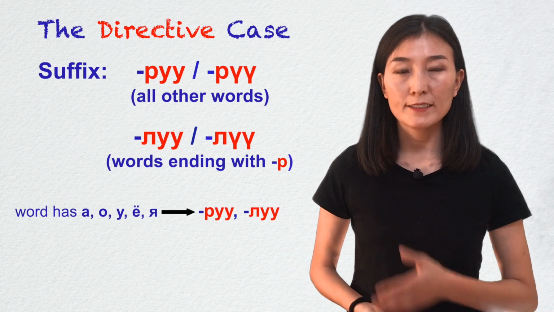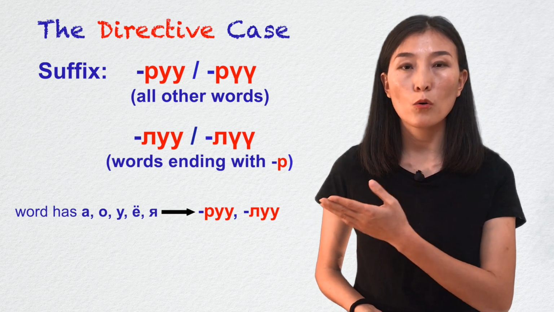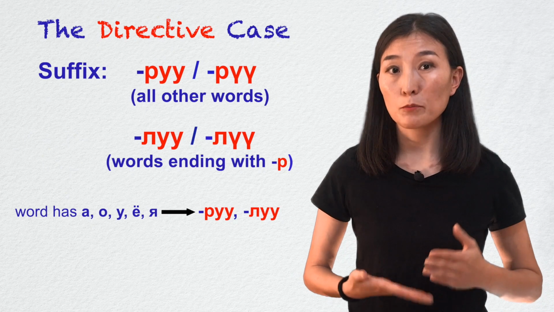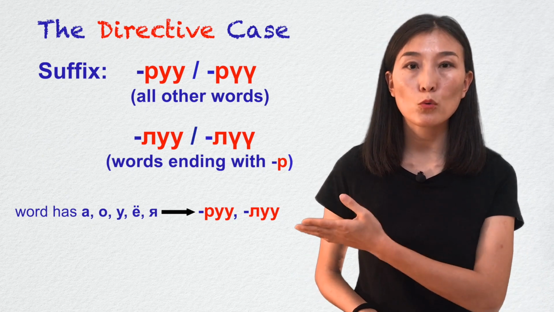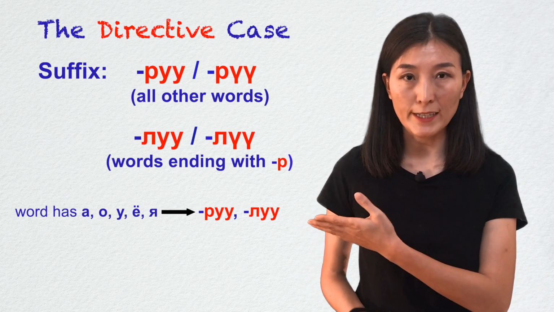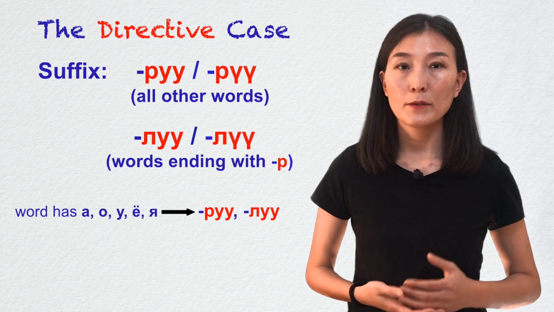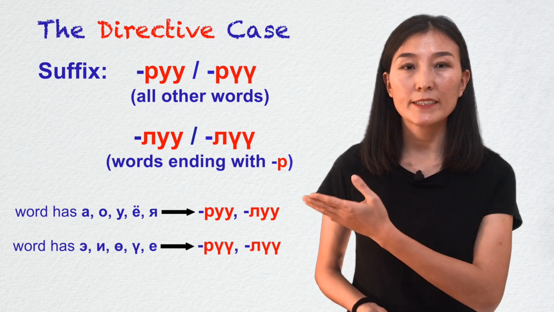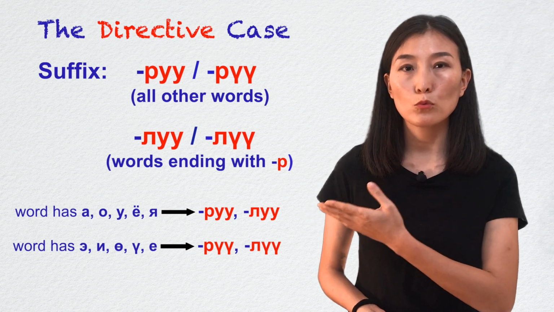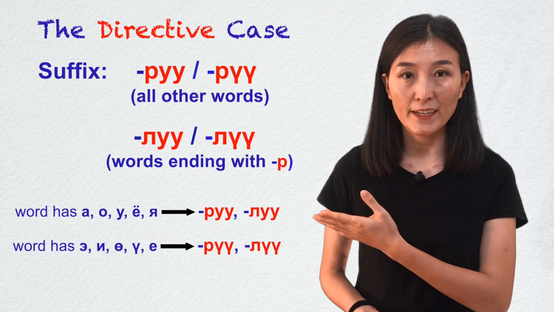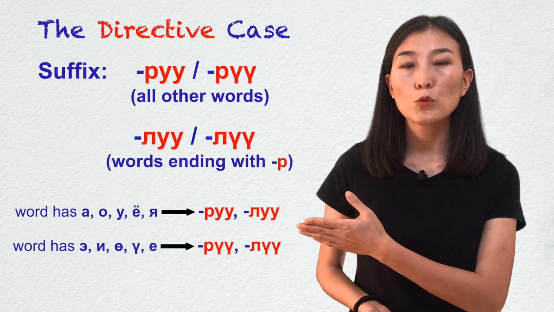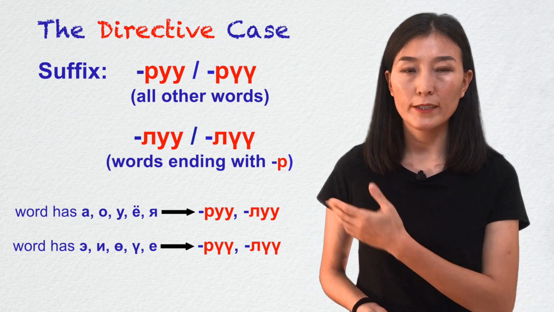If the word has a, o, u, yo, ya, which are masculine words, ruu and luu are added. But if the word has e, i, ö, ü, and ye, feminine words, rüü and lüü are added.